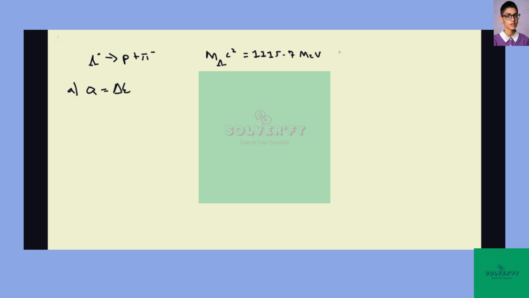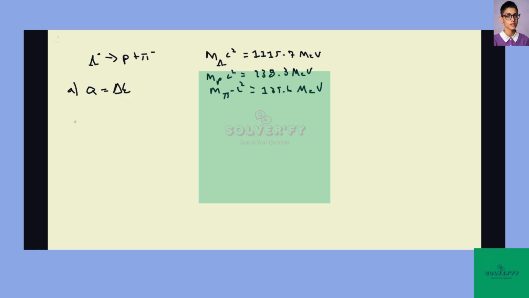The mass energy of a proton is equal to 938.3 MeV, and the mass energy of the pion is equal to 139.6 MeV.